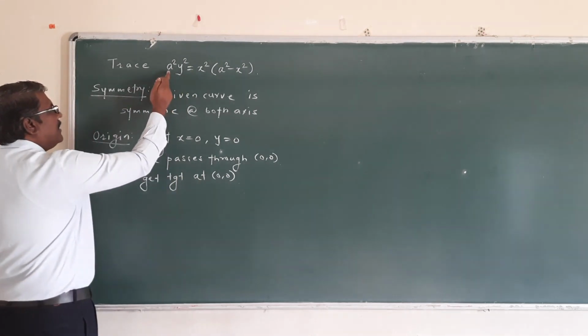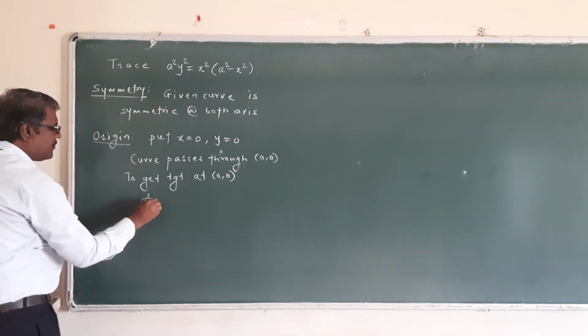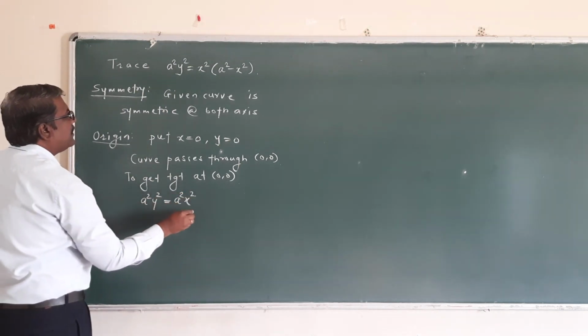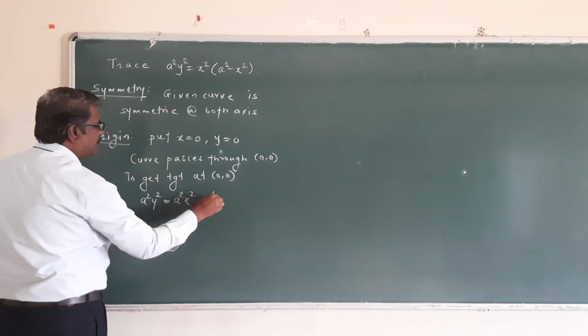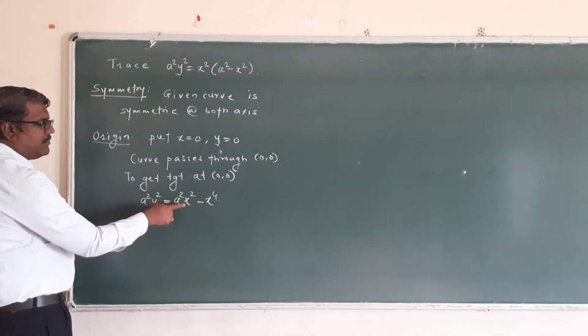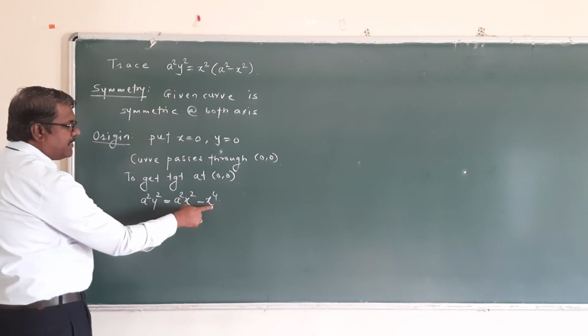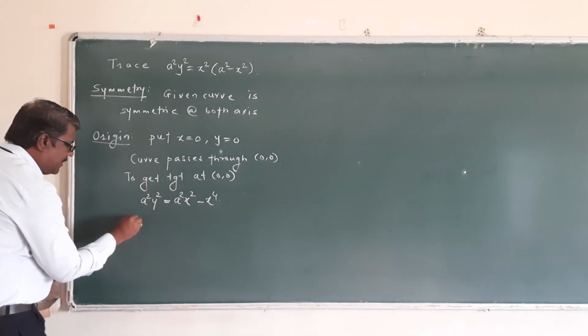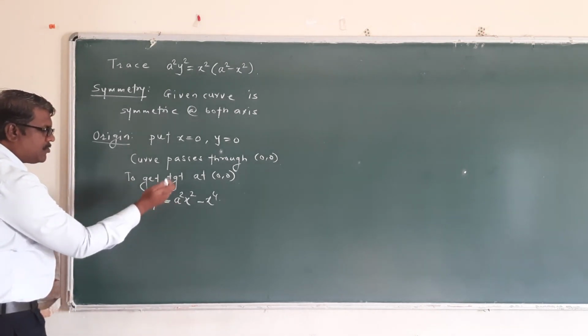Now we will consider the equation a²y² = a²x² − x⁴. Here for this term the degree is 2, and here the degree is 4. So we equate the two terms having the lowest degree to 0.